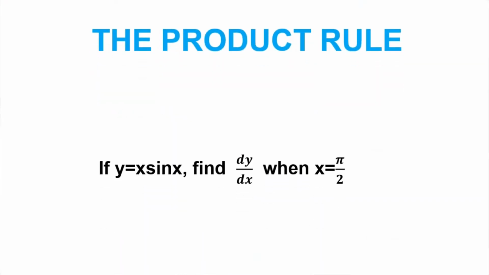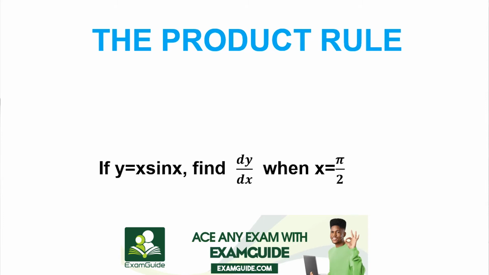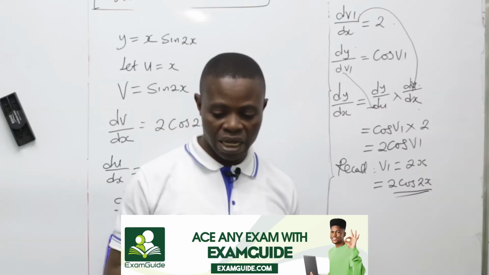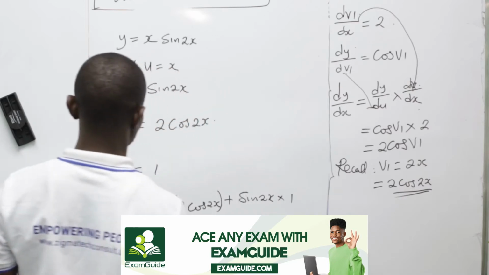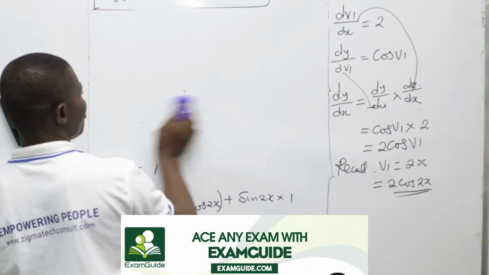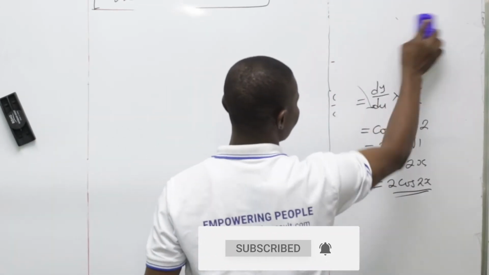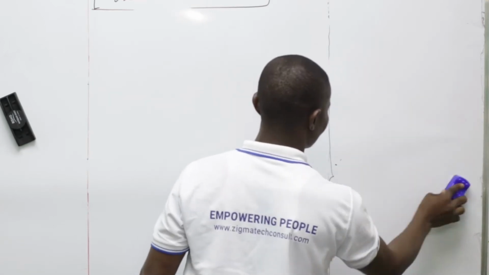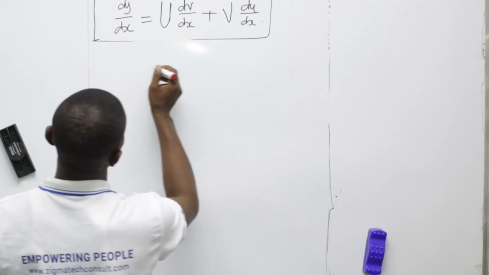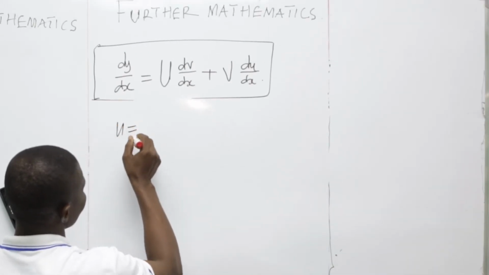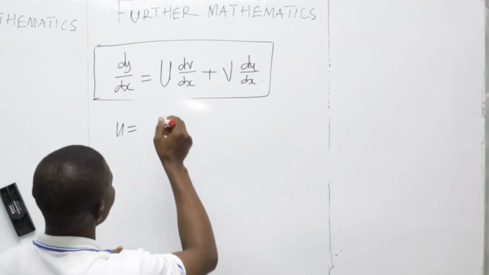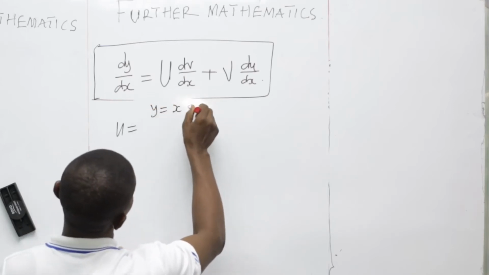Okay. This is another product rule. I think this one is a bit easier. It's just that we need to find dy/dx when x is what? Pi over 2. A value was assigned to x. So let us see what happened to that. I'm still leaving the formula because we're still on product rule, but another form of it. The question is y equals x sine x.